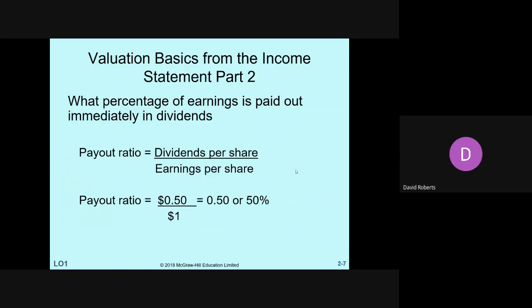You have the payout ratio, which is the percentage of each dollar that you earn that goes to the common shareholders. And in this particular case, the plowback ratio, which in this case is also 50%, it has to total to be 100% or 1, is what a company keeps. So in this case, they make $1, they give 50 cents to their shareholders, they keep the 50 cents.